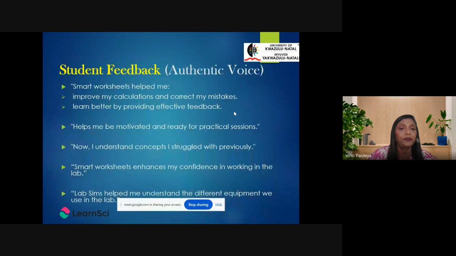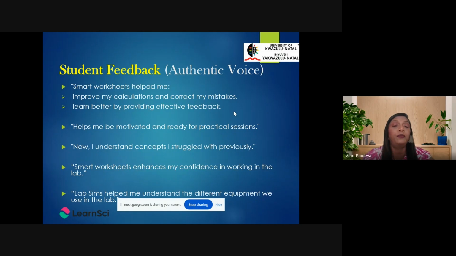Yeah. So some of the feedback, authentic voices that we got. I asked how beneficial the smart worksheets were and how they helped, and some of the responses were: they improved my calculations and corrected my mistakes. I learn better by receiving effective feedback.